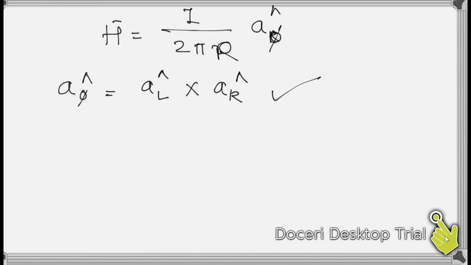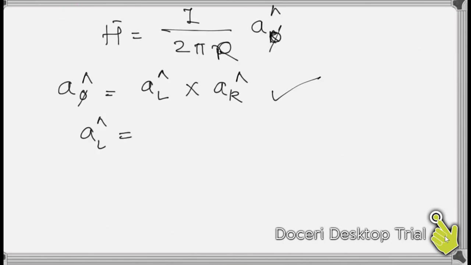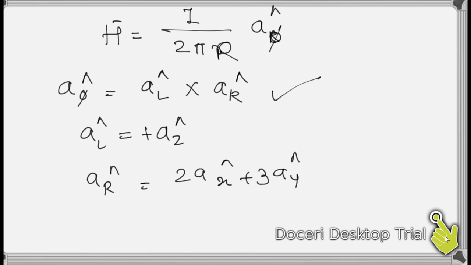Now aL cap is what? aL is where the filament has been placed. It is placed along the z-axis, so aL cap is aZ cap. We'll consider it as plus because our current is going in the upward direction. We have considered that. Okay. And what is aR cap? aR cap we have already calculated as (2aX plus 3aY) divided by square root of 13.